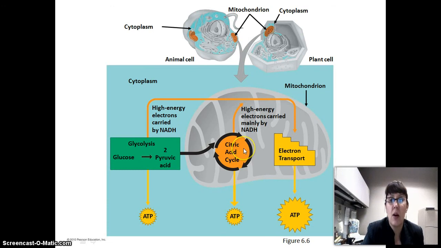But what's really important is there's a compound called NADH, and NADH carries energy and electrons to something called an electron transport chain. And that electron transport chain occurs on the membranes of the inner membrane. So those long cristae become quite important, because the more cristae you have, the more locations you can have for electron transport.